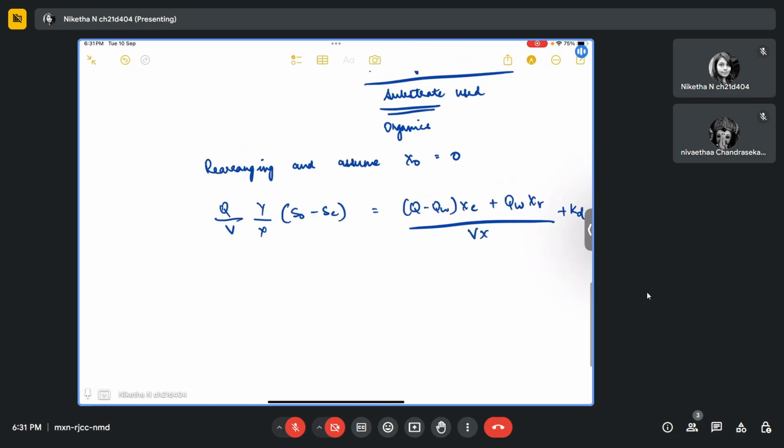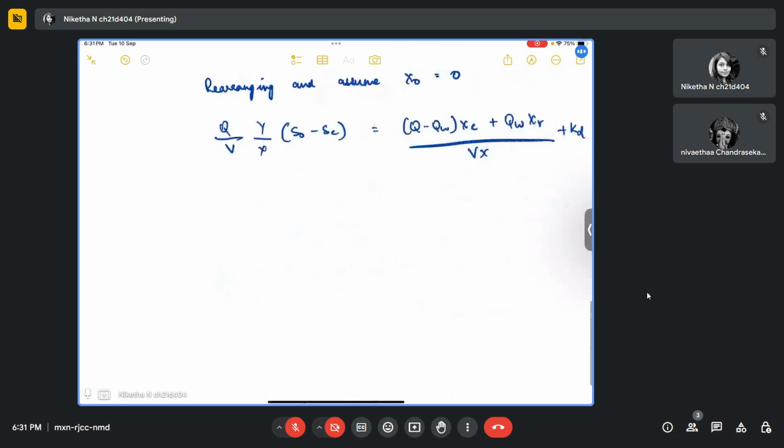Now Kd here and here denotes the rate of microbial death.